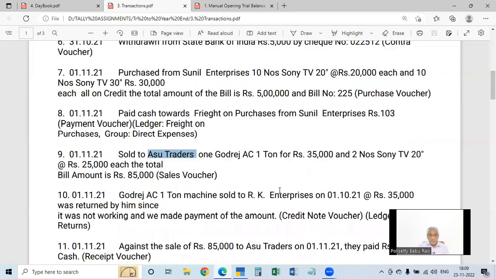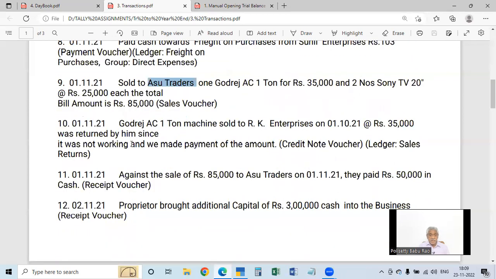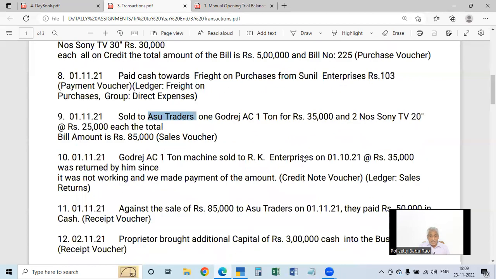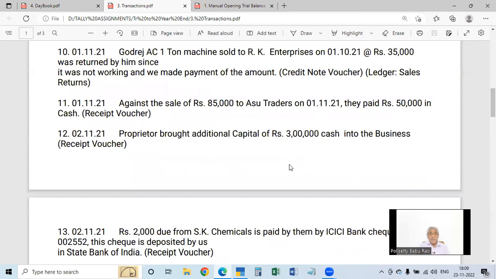So that machine, the Godrej AC machine, was returned by them since it is not working, and we made the payment of the amount. Immediately, see here, it is sold for cash. It is a cash sale. That is why we are making the payment immediately.